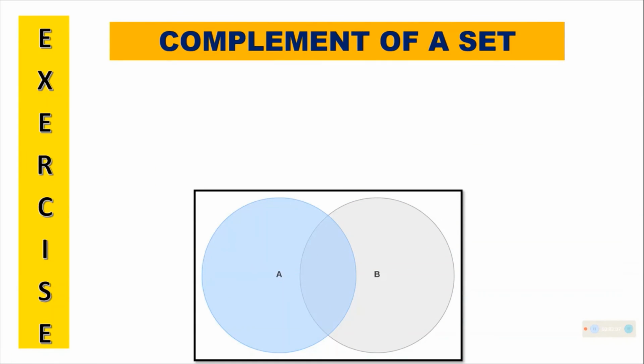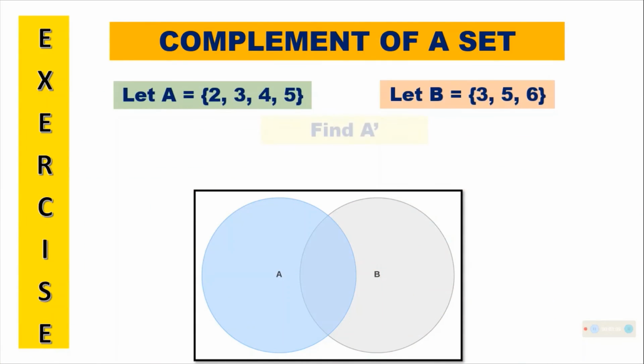So complement of a set. Paano kapag dalawa na yung circle ng Venn diagram? And then ganun pa rin yung question. So ang shaded niya lang is yung A lang. Ito wala. So meaning, yung elements ni A, 2, 3, 4, 5, and then yung element si B na 3, 5, and 6.